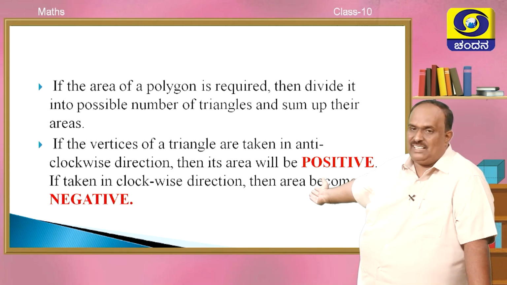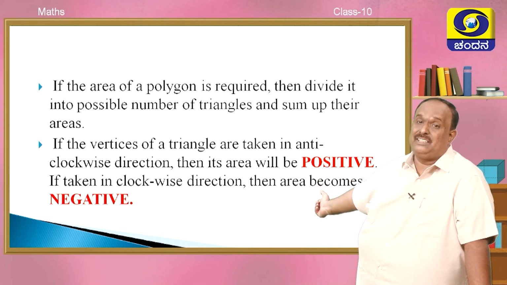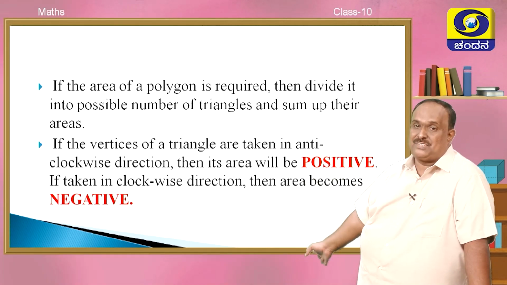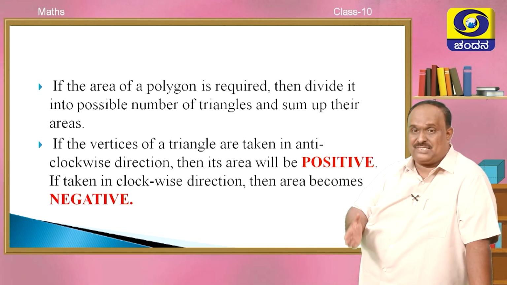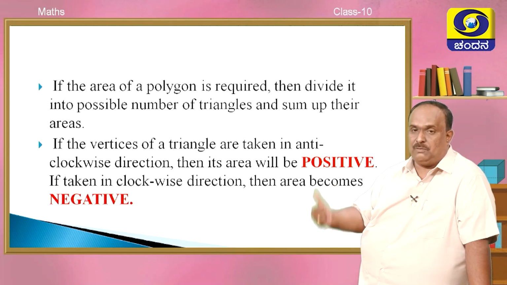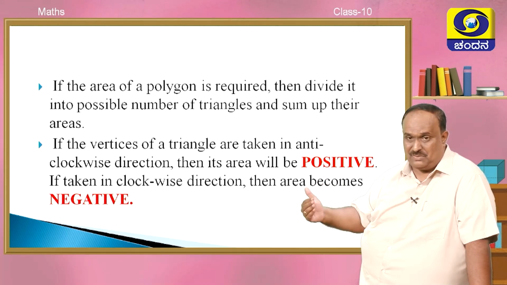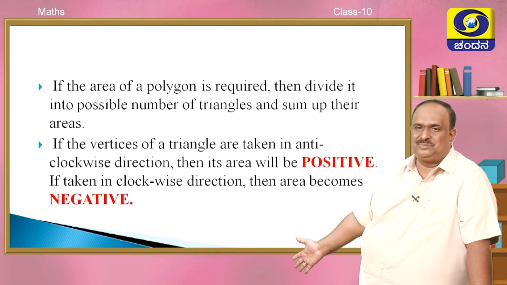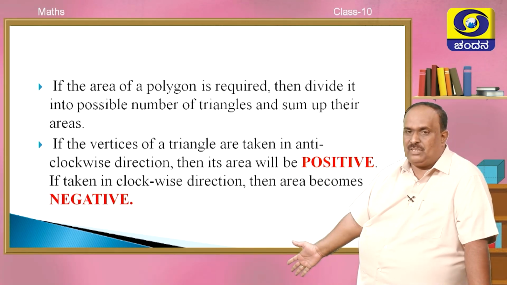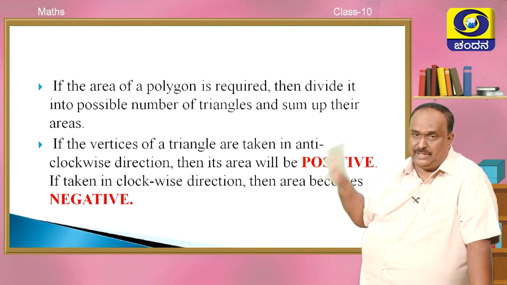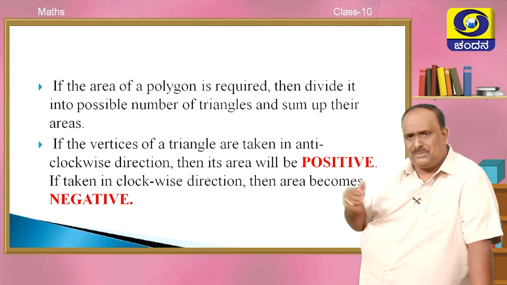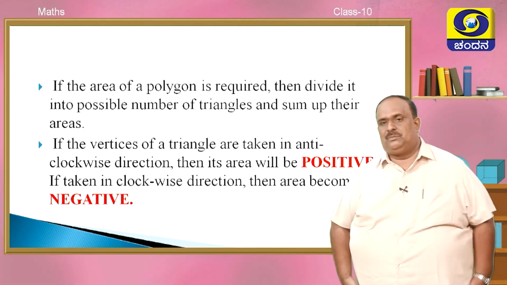Anyway, area can never be negative. In that case, we neglect the negative sign and take the positive value. Area is always positive. For experiments you can take negative, but area cannot be negative.